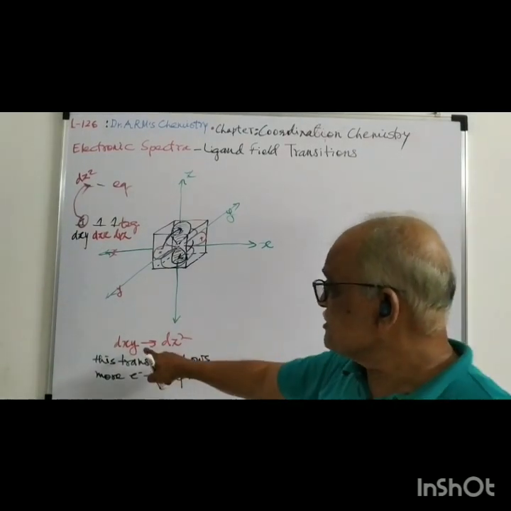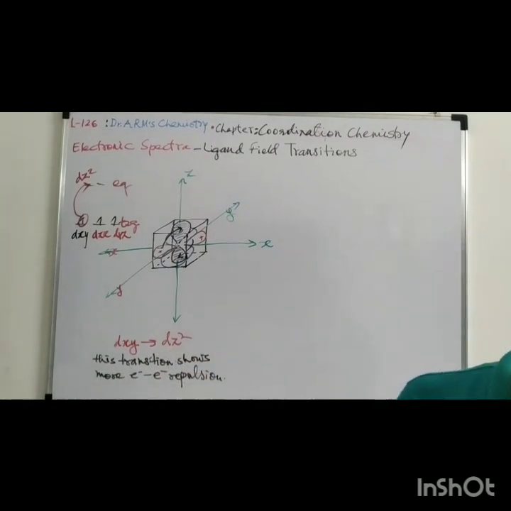So this is about the dxy orbitals. Then we can have the other orbitals.